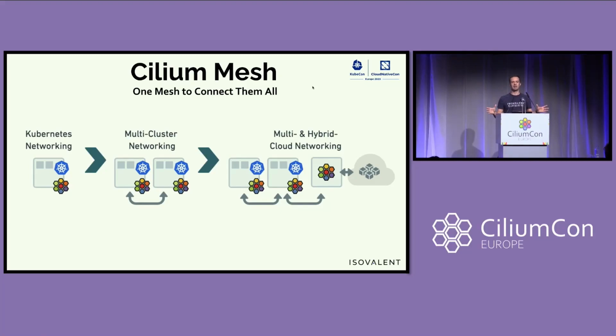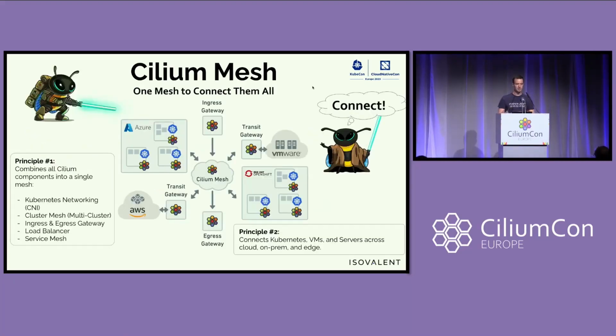The clear ask from users and customers was, bring this to outside of Kubernetes as well. We want to use identity-based security, we want to use Cilium-based observability, but for virtual machines, for servers, everywhere. So we're bringing Cilium Mesh, which involves a new transit gateway that allows you to connect virtual machines, servers, and existing networks into the Cilium Mesh.